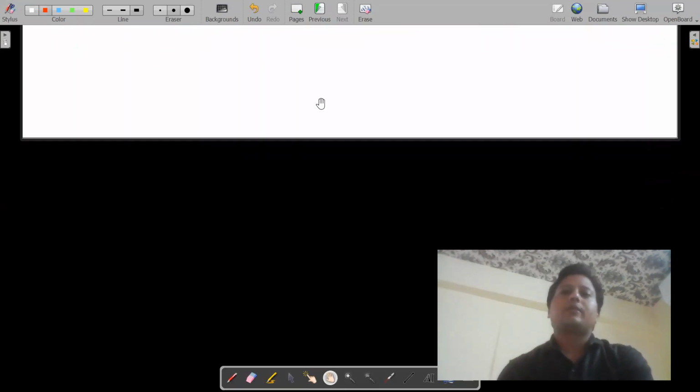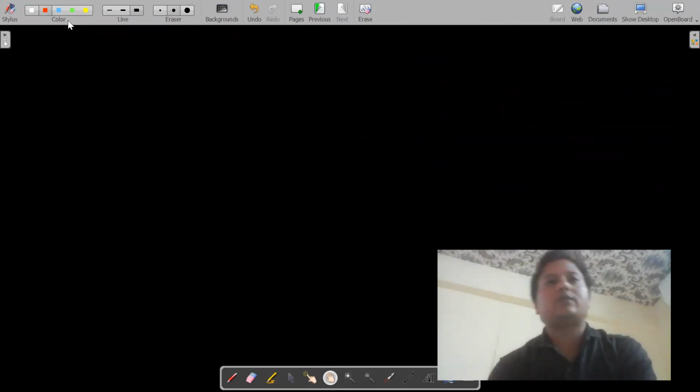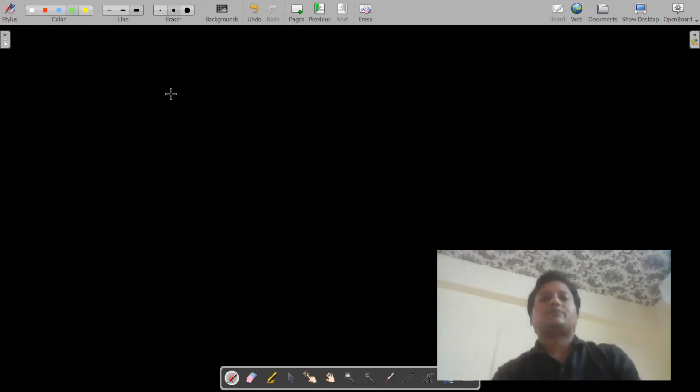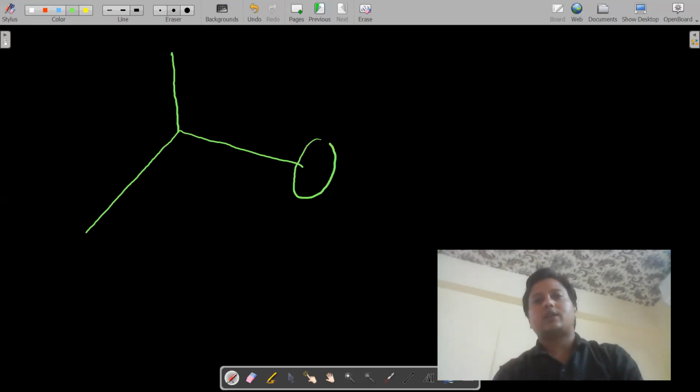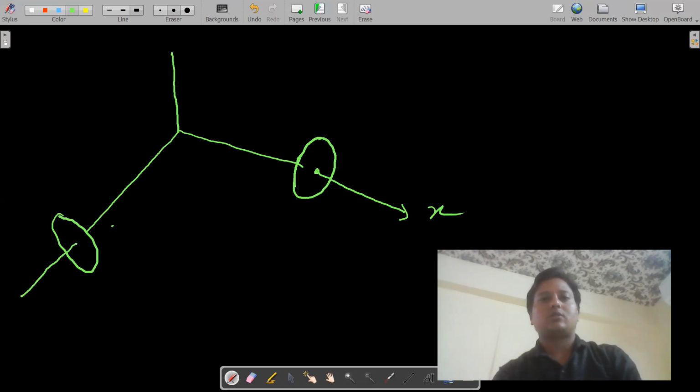So we have to find relative angular velocity and angular acceleration in this question. And it is given that the body is rotating about two different axes. Suppose this one is the x-axis and this one is the y-axis, about which rotation is going on. And the body is rotating with omega 1 and also with omega 2.